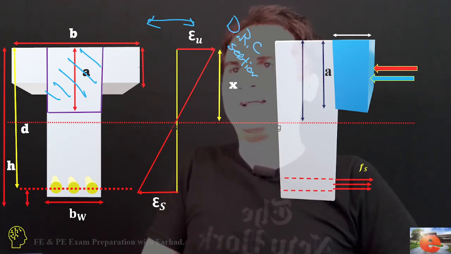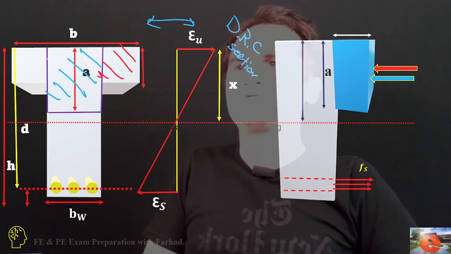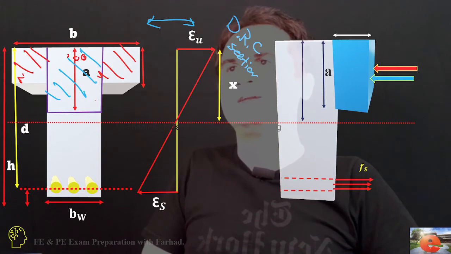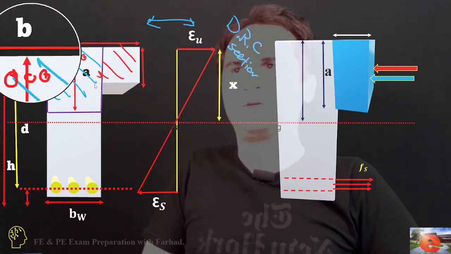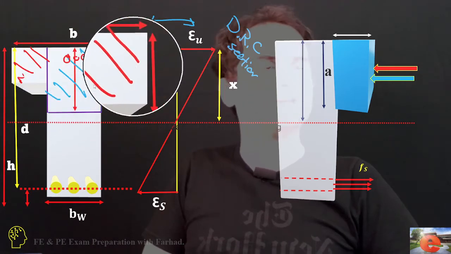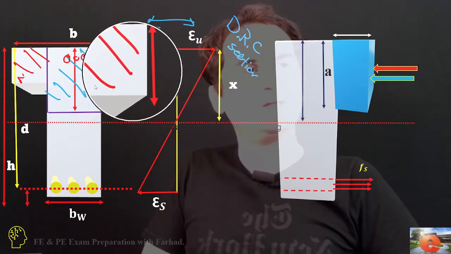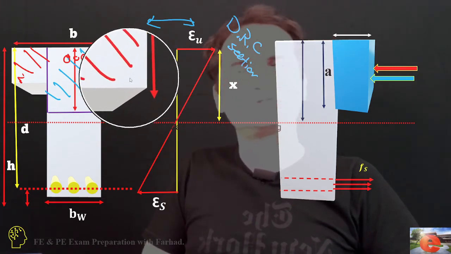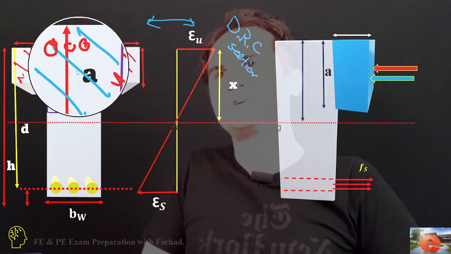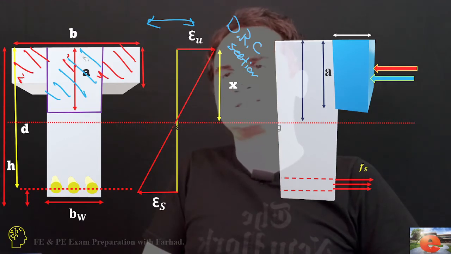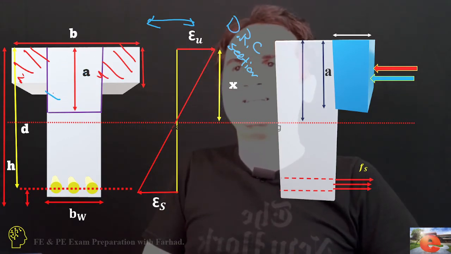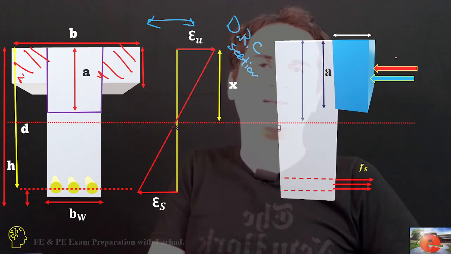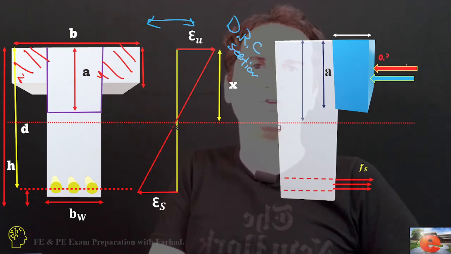This time we can assume that these two extra parts at the flange work as if we had compressive steel at the top. There is no steel there, just imaginary steel. So we can dissect the forces into two.